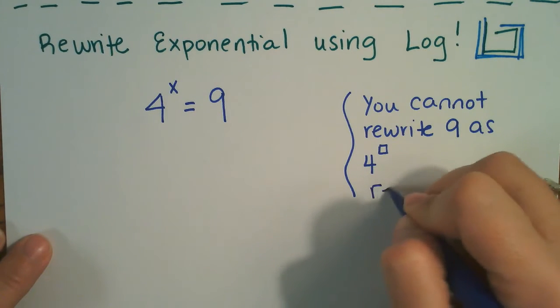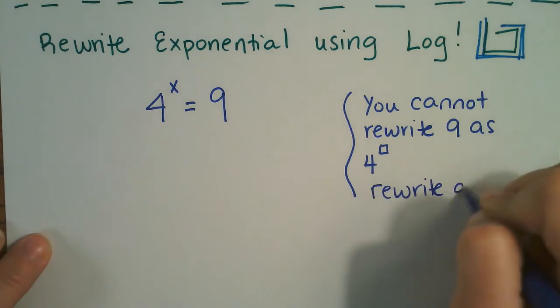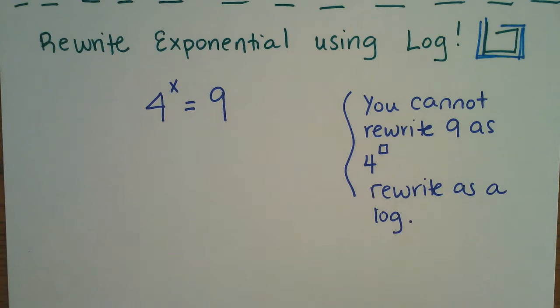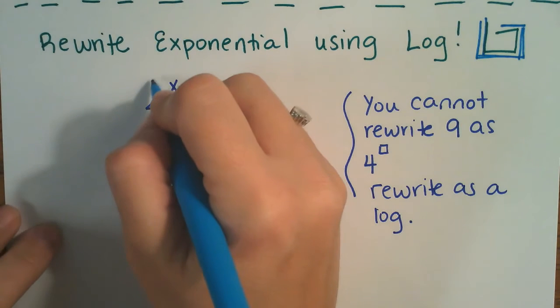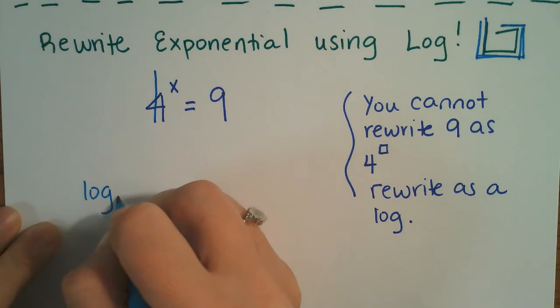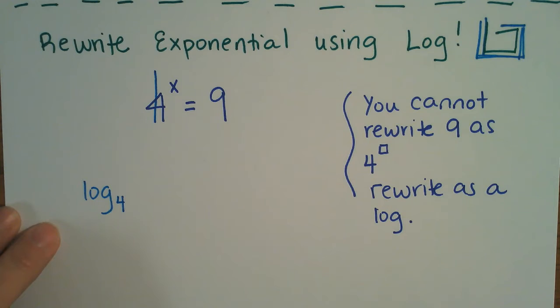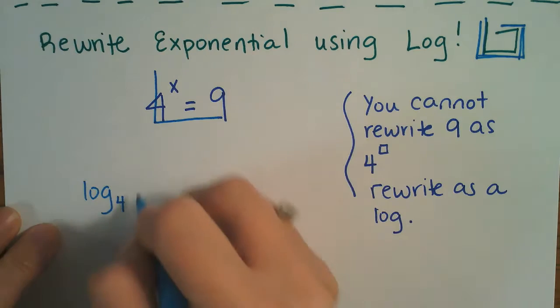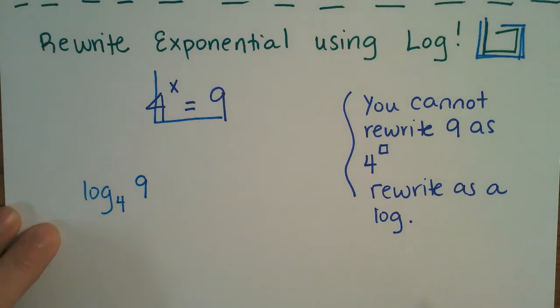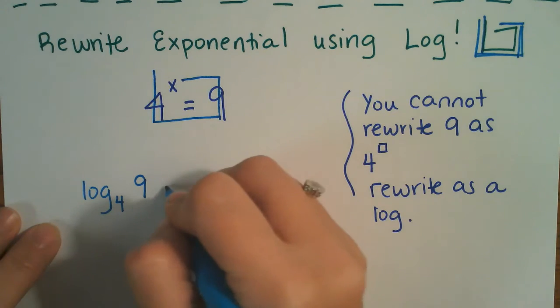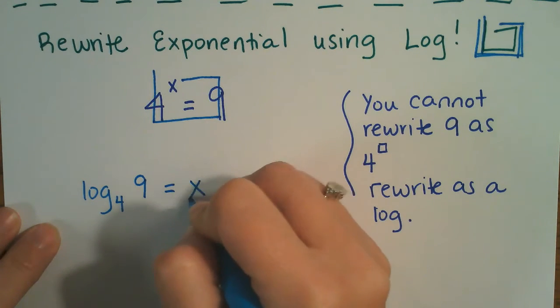So we're going to rewrite it as a log. This is going to become log base 4 of 9 equals x.